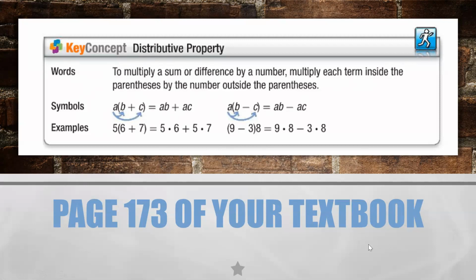So I just want to bring your attention to the word each, because I noticed that a lot of students multiply the term outside the parentheses by the first term, but they're forgetting to multiply by the second term, okay? And also it's important to pay attention if you're adding or subtracting something, okay? All right, so let's go ahead and continue.